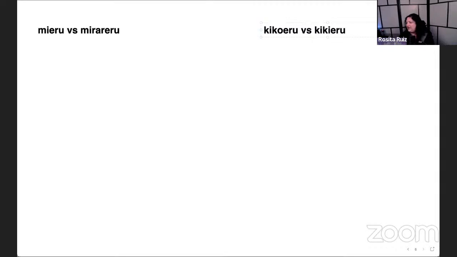Now, please note that these are expressions of, I know it's the same pronunciation, from miru and kiku, to listen. So here, mieru and kikoeru express what is spontaneously available for the speaker.